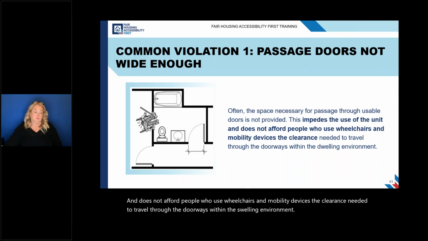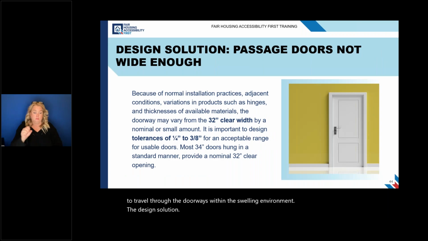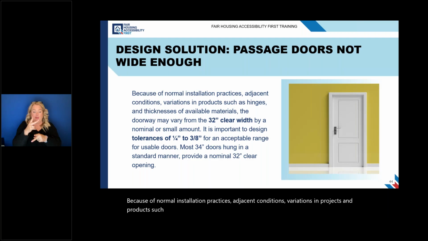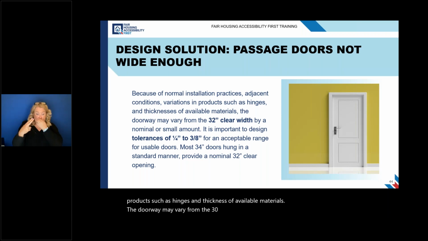The design solution. Because of normal installation practices, adjacent conditions, variations in products such as hinges, and thickness of available materials, the doorway may vary from the 32-inch clear width by a nominal or small amount.